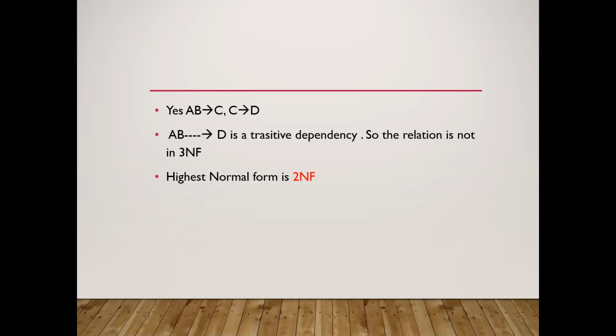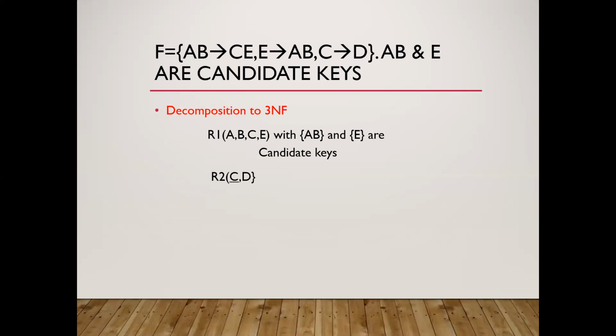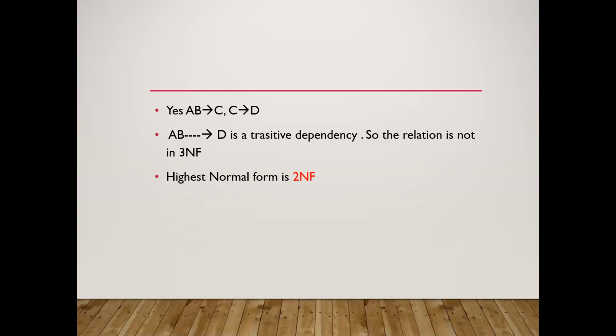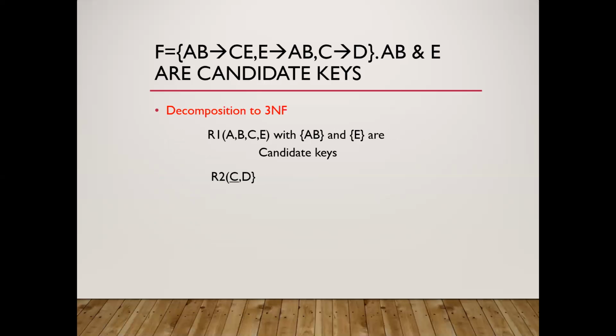The highest normal form is 2NF. How to decompose it? We can put CD in one relation, that is R2. The R1 relation contains A, B, C, E, with both AB and E as the candidate keys.